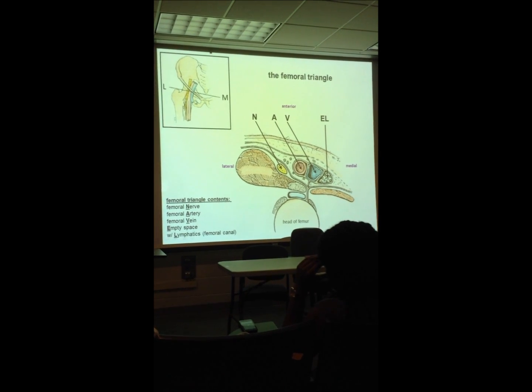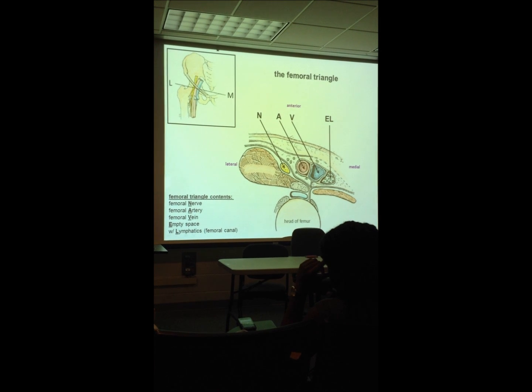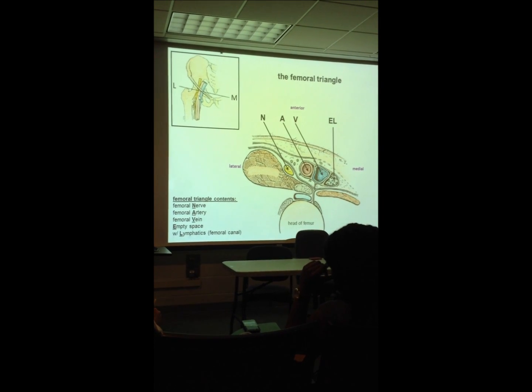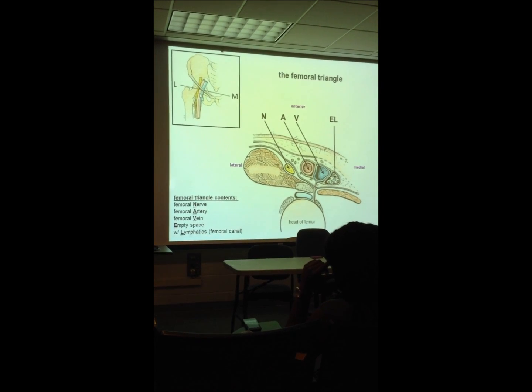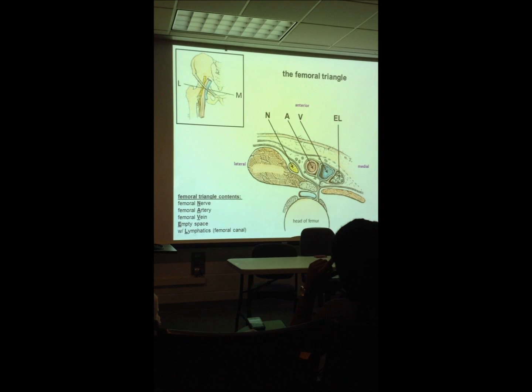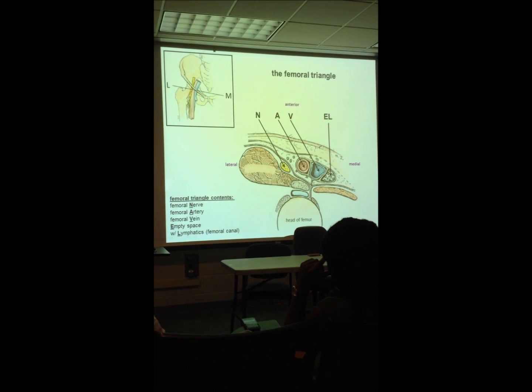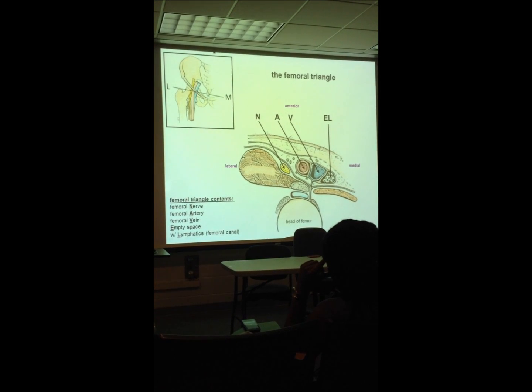Okay? That's important to the cardiac catheterization people because when you have a catheter, you stick your catheter here to go up to the heart. Pretty astounding phenomenon, but it's true. That's where they start. It goes up through here, through the external iliac, through the common iliac, up to the aorta, hooks around the arch of the aorta, and goes into the heart, way up here, off the slide someplace.